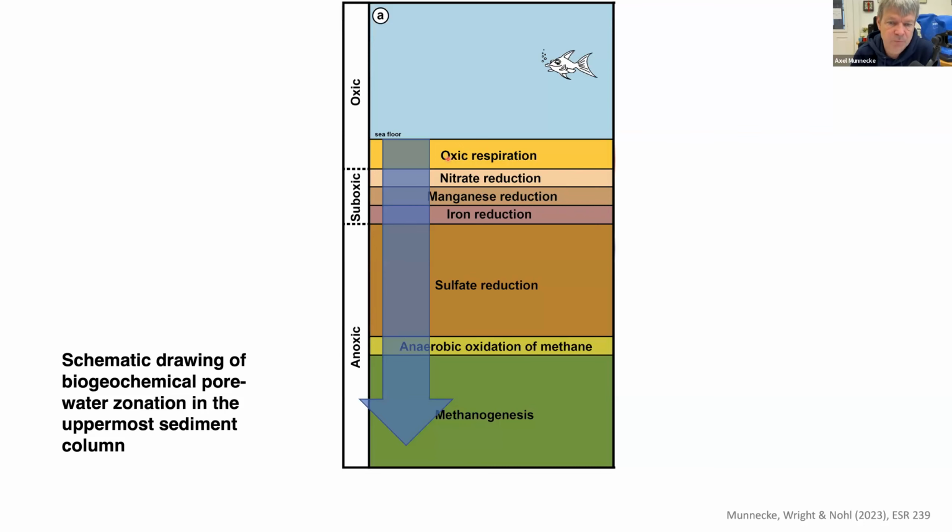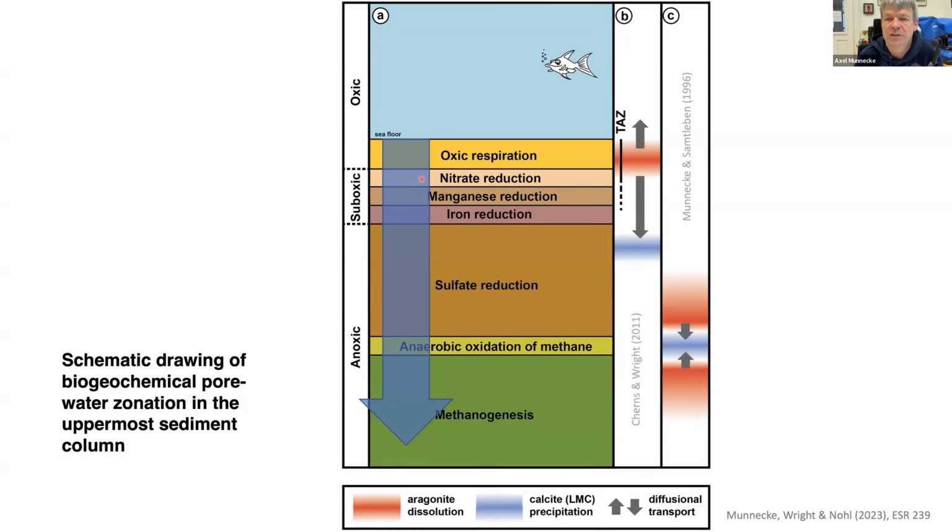What is a bit surprising is, if this is really the zone where we have the aragonite dissolution and the calcite precipitation, we don't know yet precisely where this happens. There are different ideas around. This is, for example, from the paper that we have just published.